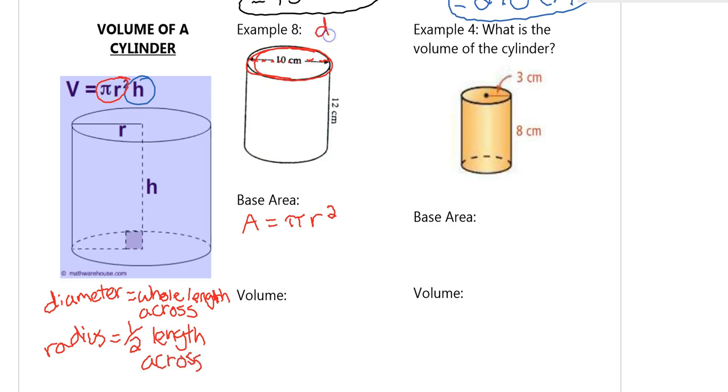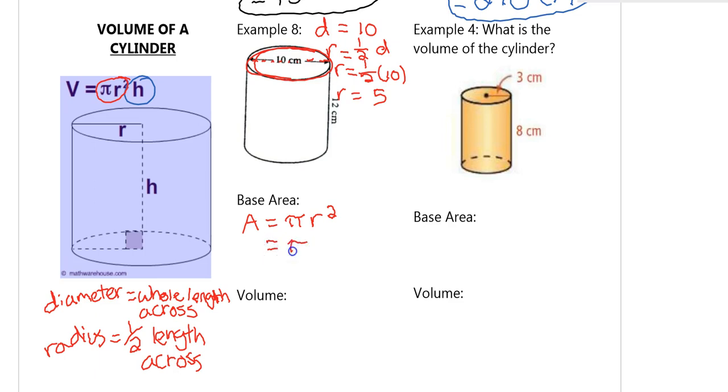So my diameter, which I'm just going to write d, equals 10. My radius equals half of my diameter. 1/2 times 10 equals 5. So my radius here, my r, is 5. So if you're given the diameter, don't forget to cut your radius in half.